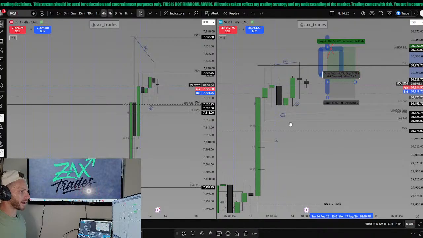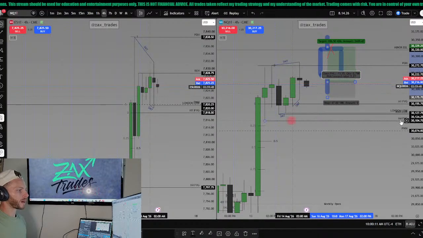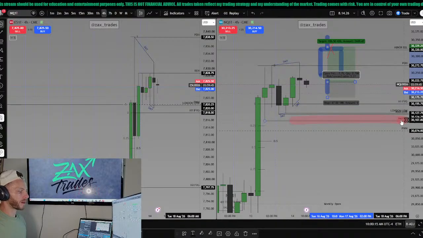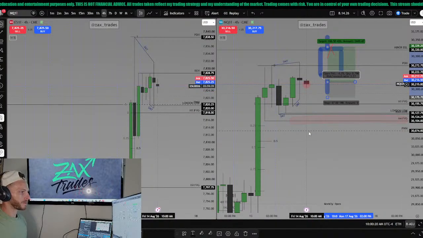The only thing on the 4 hour that I could see this thing manipulating into is this 4 hour unmitigated bullish fair value gap down here. Now, do I see this thing running all the way down here? Probably not. It's looking pretty bullish as of right now.